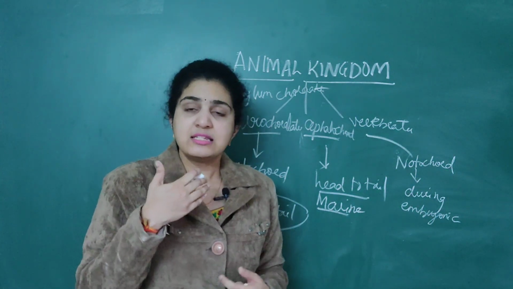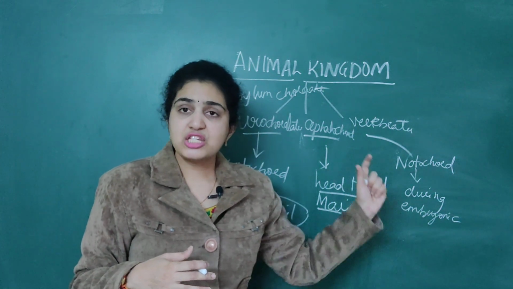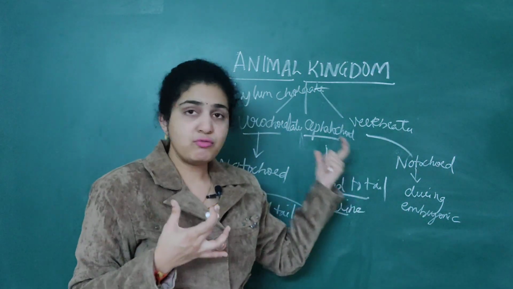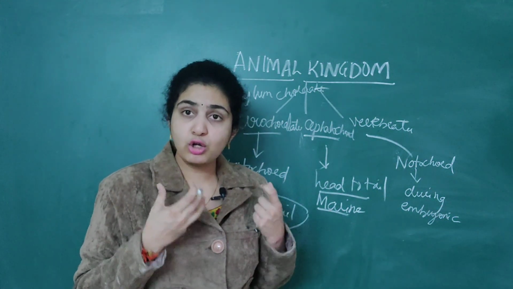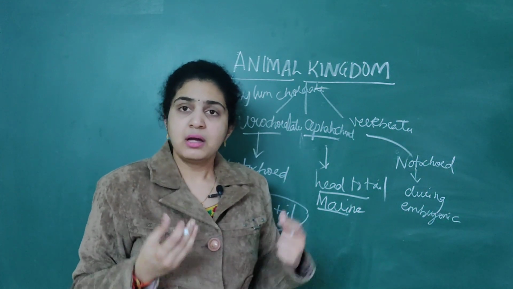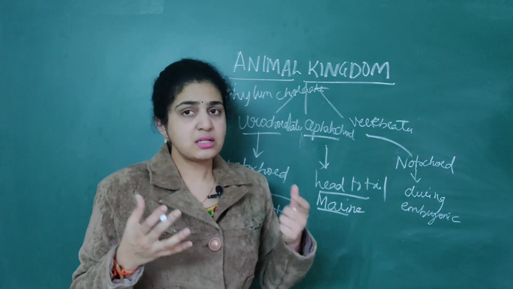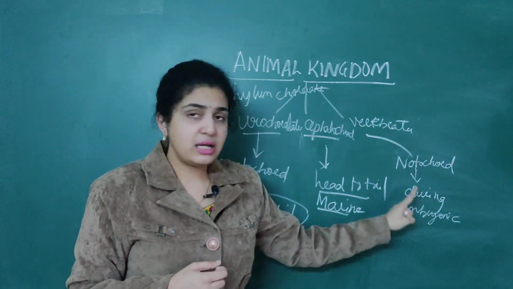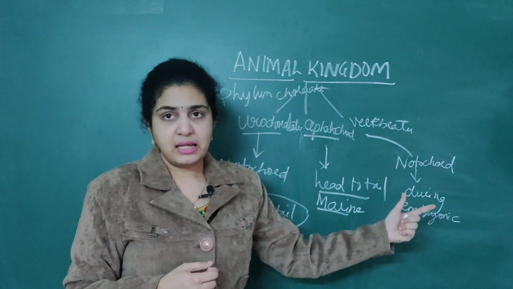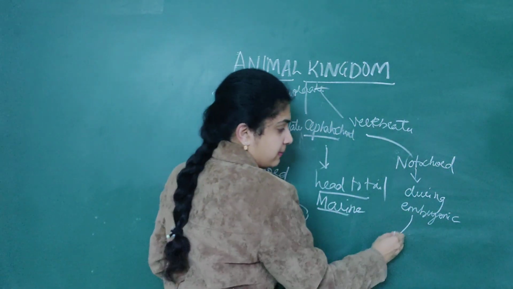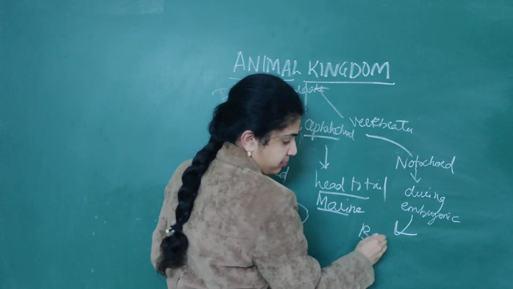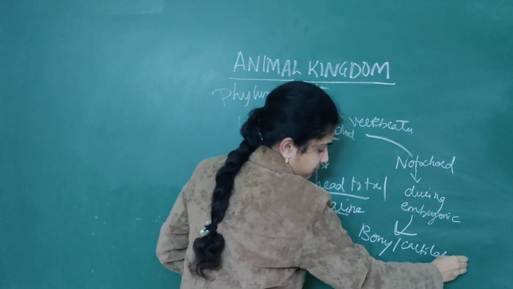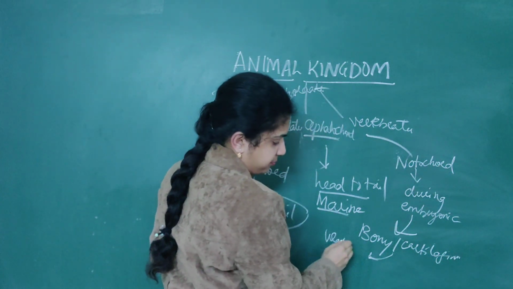Later it is replaced by a cartilaginous or bony vertebral column. Vertebrates means we will see the vertebral column is present. In some a cartilaginous vertebral column is present, in some a bony vertebral column is present.